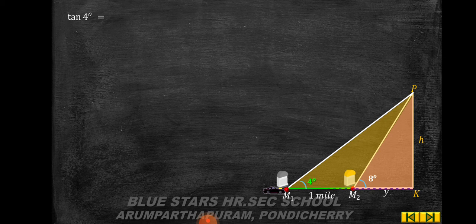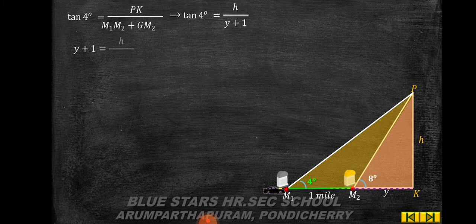Tan 4 degree is equal to opposite is PG divided by the adjacent is M1M2 plus GM2, which implies tan 4 degree is equal to PG is the height of the mountain, so H divided by M1M2 is 1 mile and GM2 is Y. So H divided by Y plus 1. So Y plus 1 is equal to H divided by tan 4 degree, which implies Y is equal to H by tan 4 degree minus 1. So this is your equation number 2.